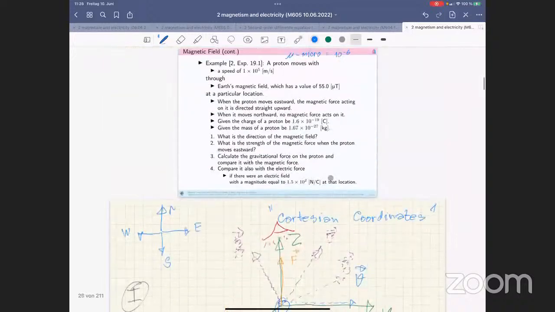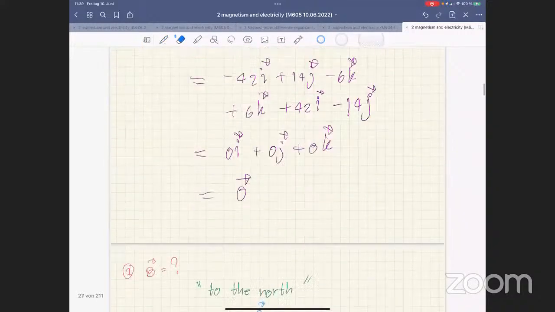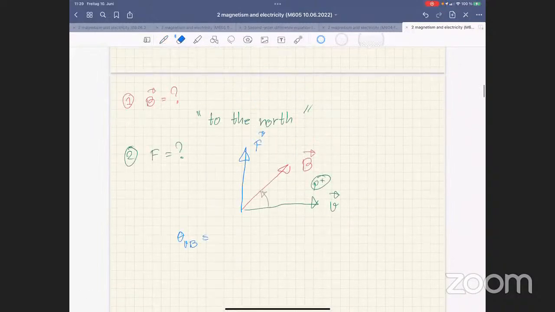The angle between north and east is 90 degrees. So theta VB is 90 degrees.